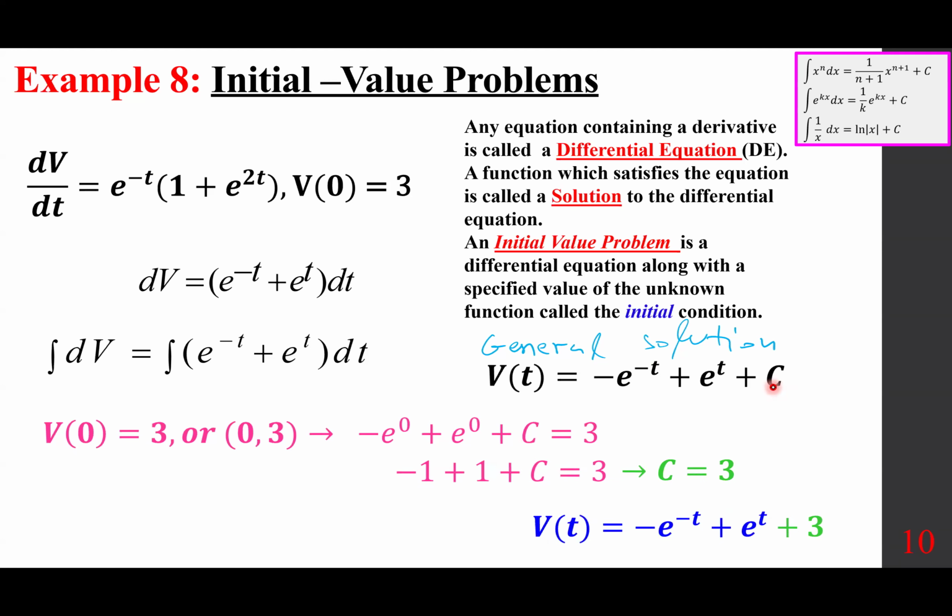And now this is a particular solution. So in short, the effect of one pair is to help us with the general solution, getting rid of the constant, finding that, and going to one function instead of infinitely many different ones. That's the effect of that.